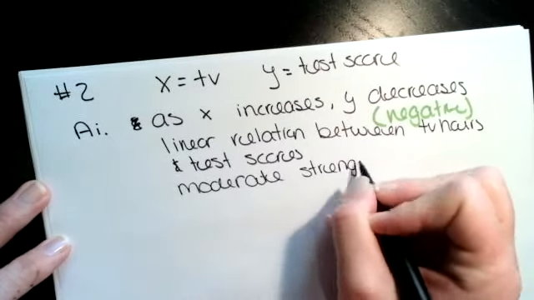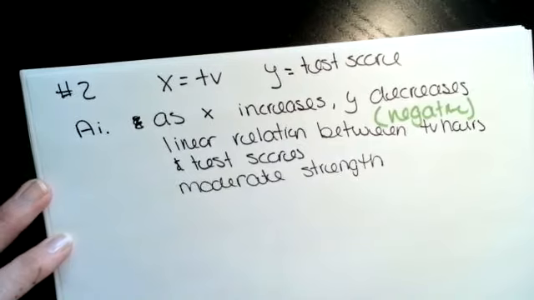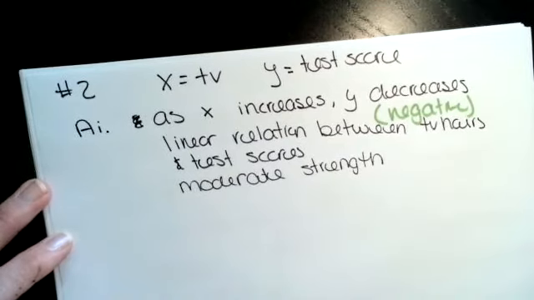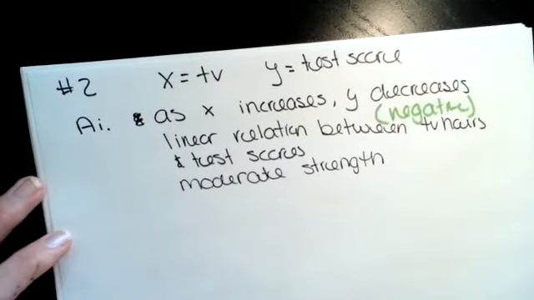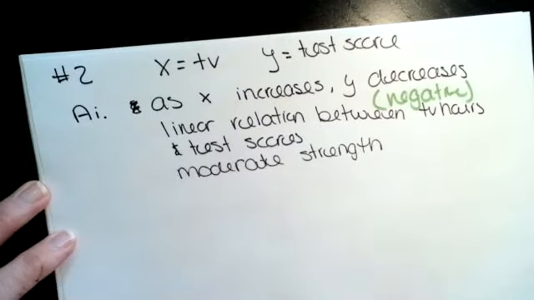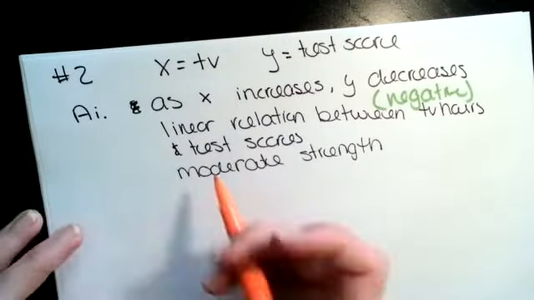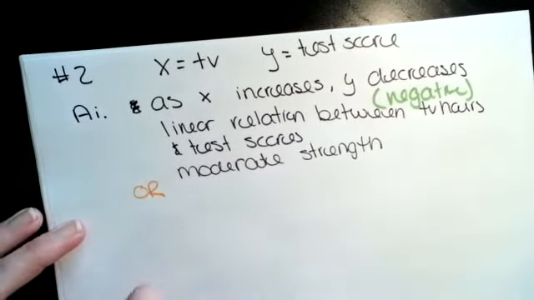This is typically how we describe the scatter plot. We could also use what we would normally use for R. And let me just write "or," so we know we have to do both.